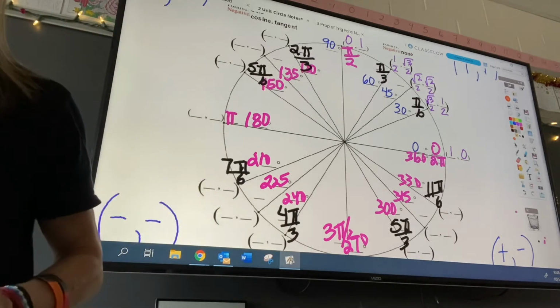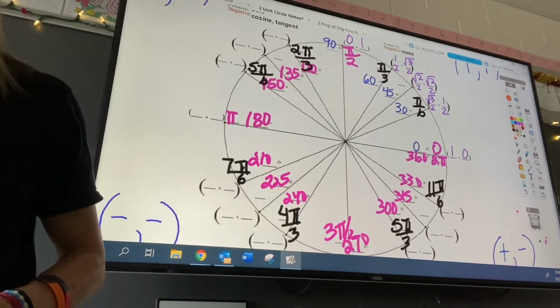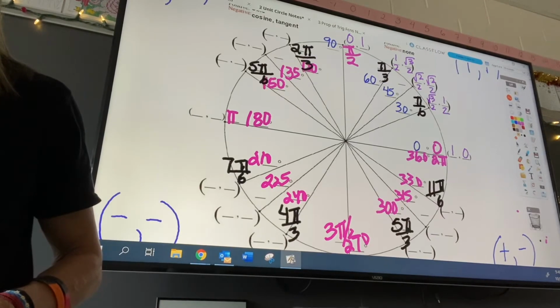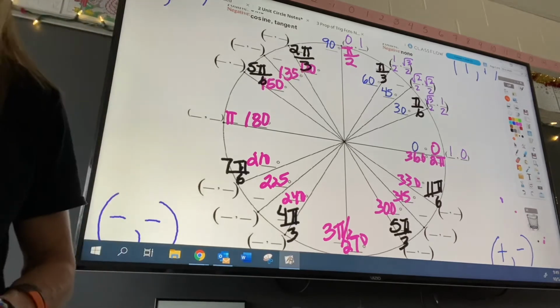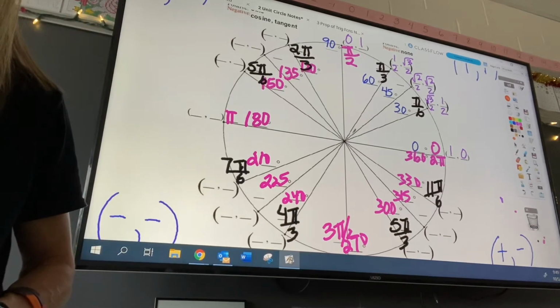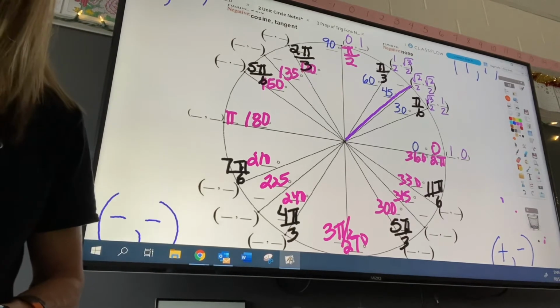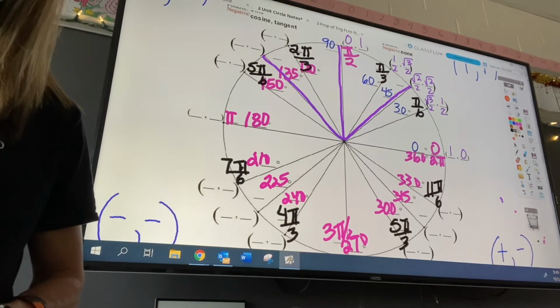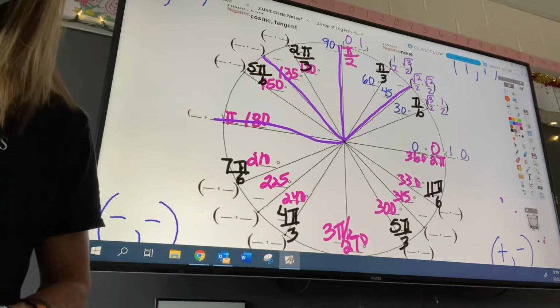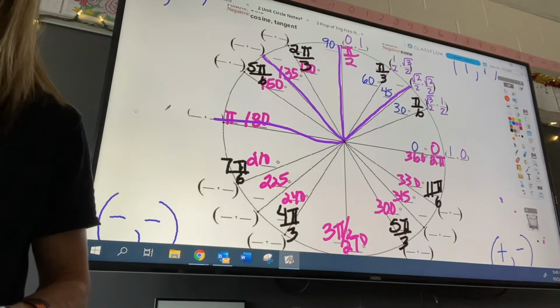Now we can go to the fourths, and I'll do that in maybe purple. If we're counting in fourths, we've got 1/4, 2/4, 3/4, and then 4/4. Those are terrible lines.